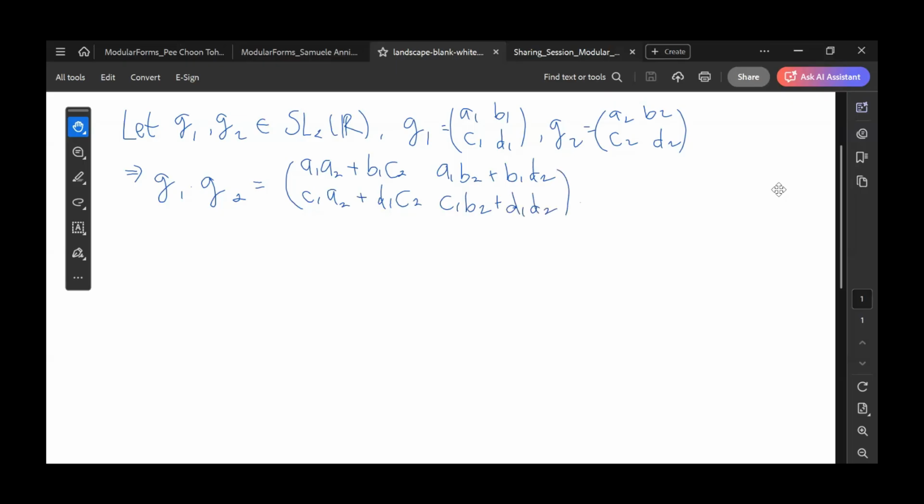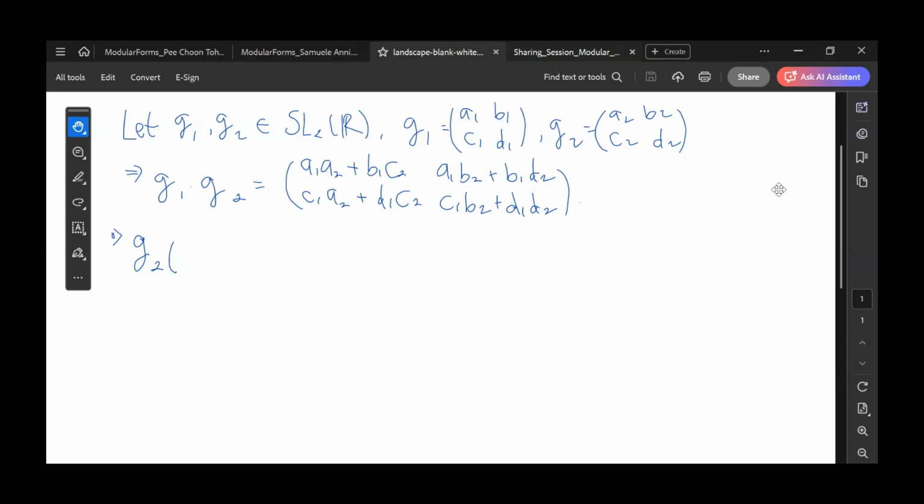Okay. On the other hand, if we use this matrix as a function like the one we defined before, we have g2 z.